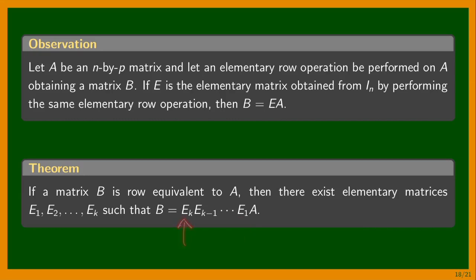Ek should be the kth elementary row operation performed. If the resulting matrix is B, then you can write B as the product. So we're going in the left direction, no? Reverse. A, then the first operation was performed, and so on. The kth operation was performed, obtaining a matrix B.